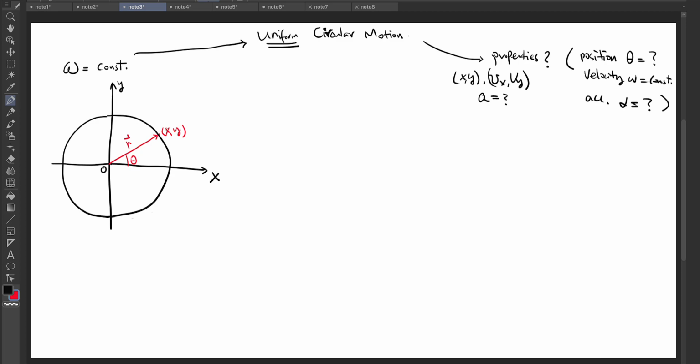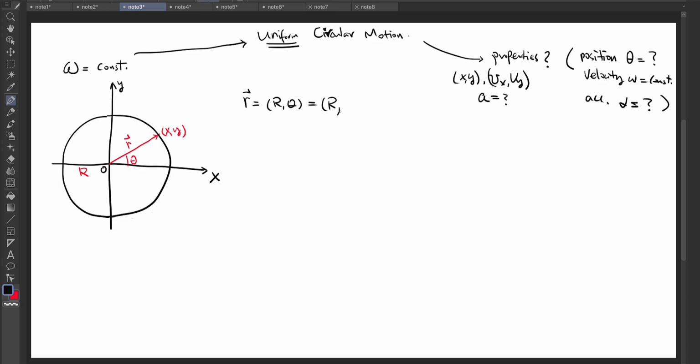So it's better that we start from the linear motion x and y, and then we'll talk about the angular. As I said in the previous picture, the radius of this circle is capital R, which is a constant. So that's why I can say the position r here is R and theta.